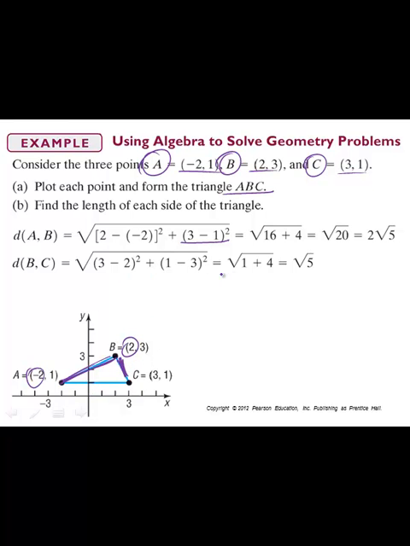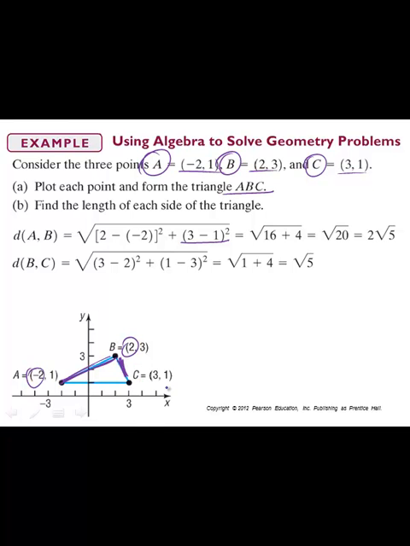Likewise, we calculate the distance between B and C. Plugging in those numbers, we have the difference between the x-coordinates: 3 minus 2 squared, or 2 minus 3, which is negative 1 squared. Same thing, that gives you 1. And then the difference between the y-coordinates, 3 minus 1, or 1 minus 3 squared, is 2 squared, which is 4. 1 plus 4 is 5, so the square root of 5 is the length of this side of the triangle.